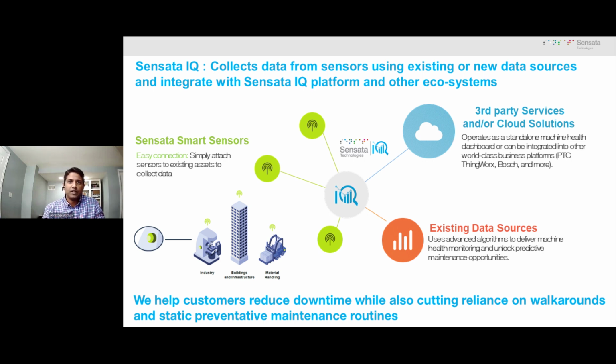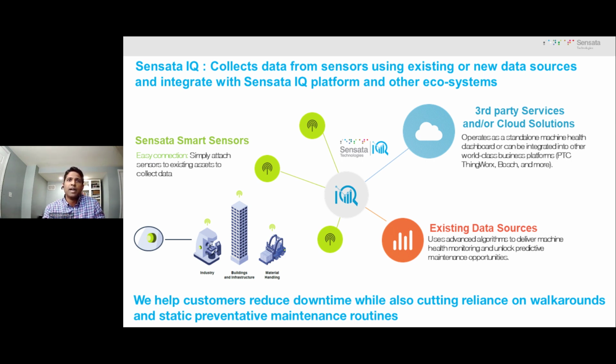We have advanced algorithms to deliver machine health monitoring and unlock predictive maintenance opportunities. We have dashboards to review the data, but we can also import the data to third-party services or cloud solutions. Our dashboard can operate as a standalone machine health dashboard, or it can be integrated into other world-class business platforms.